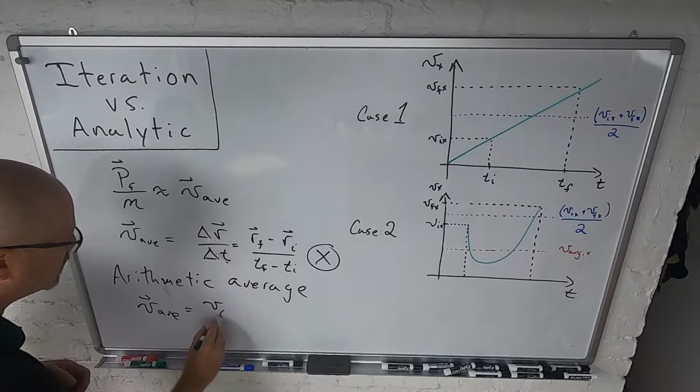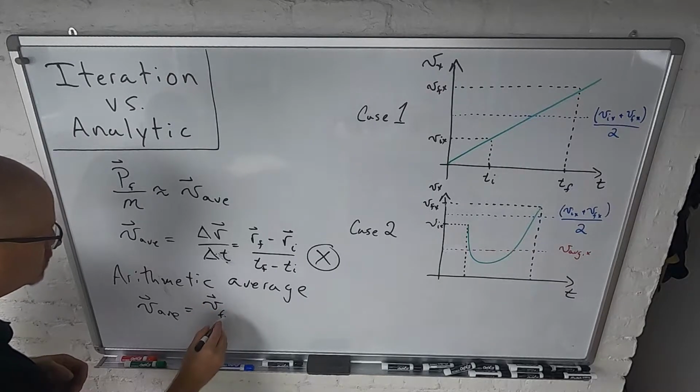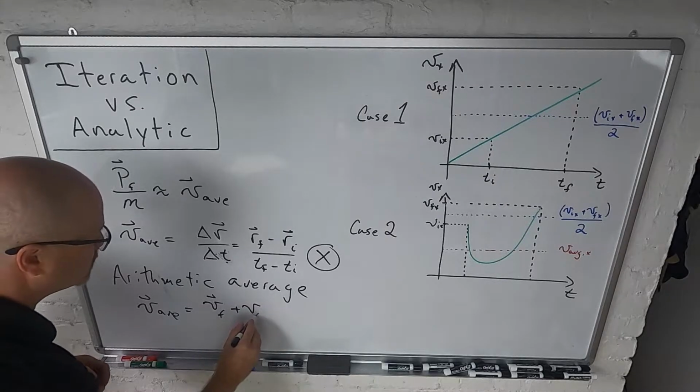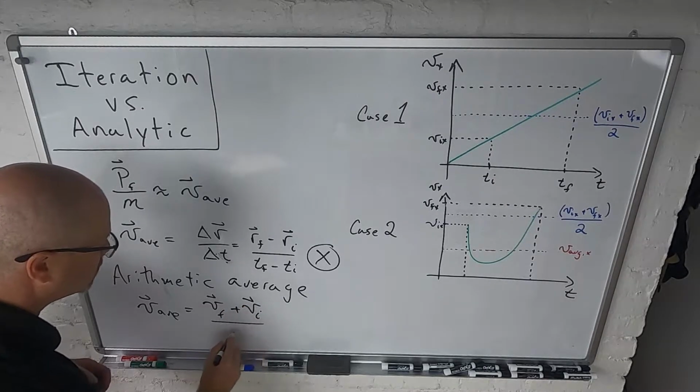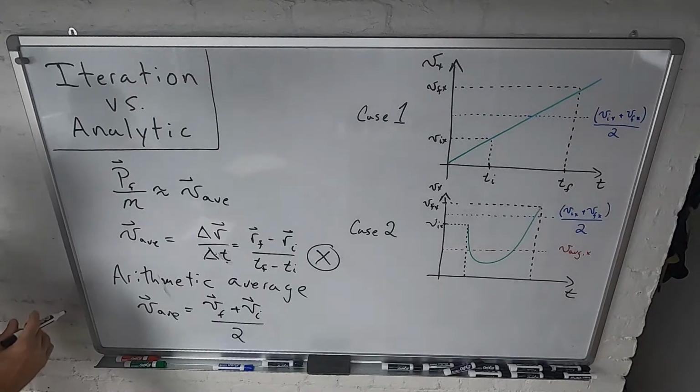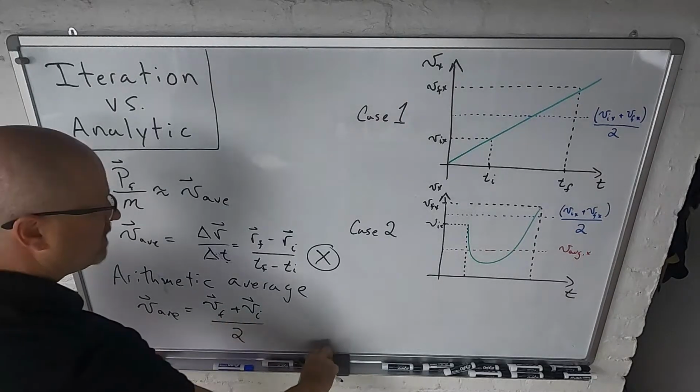So we'll take v final plus v initial divided by 2. That's just the average. So these are all methods that work.